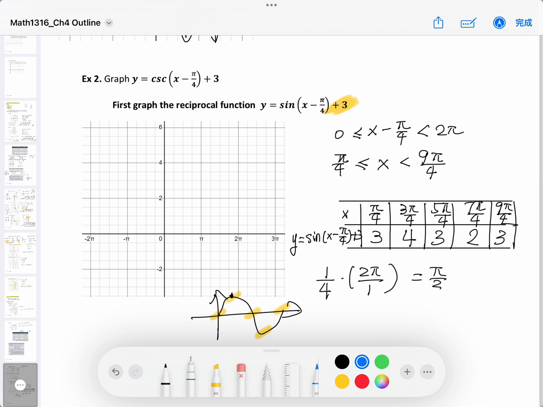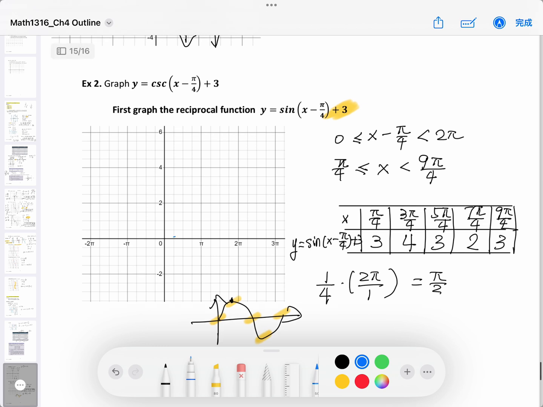So pi over 4, comma 3. Where is pi over 4? Okay, so here is pi over 4. Pi over 4, comma 3 is the first key point. Second, 3 pi over 4, comma 4. Okay, here.